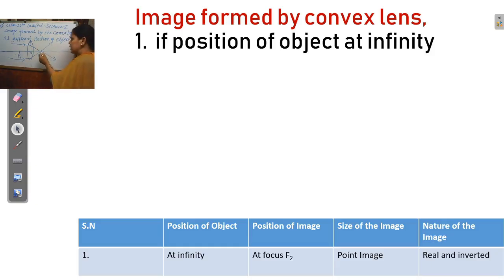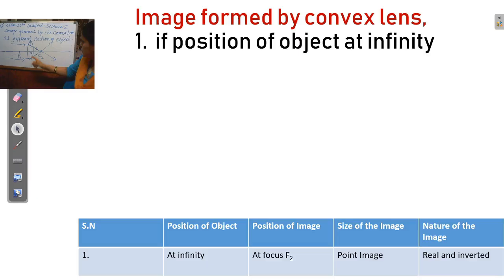Here, the intersection point of these refracted rays we have to join to the principal axis. But in this case, this point lies on the principal axis.